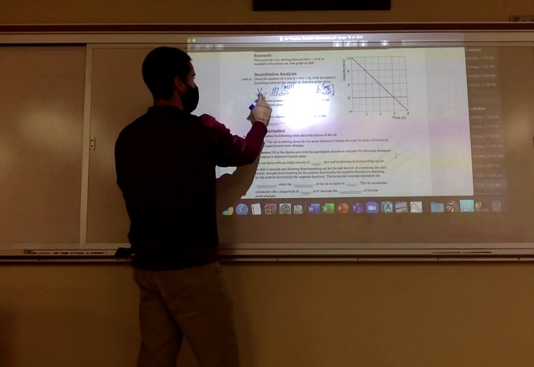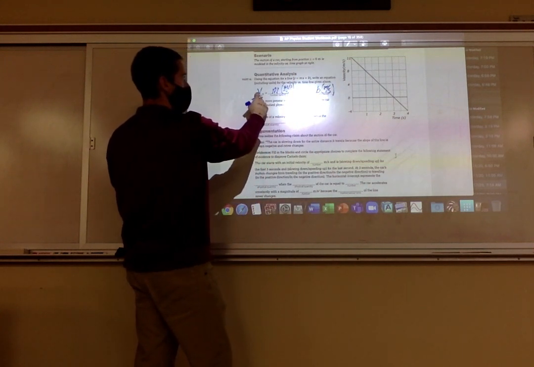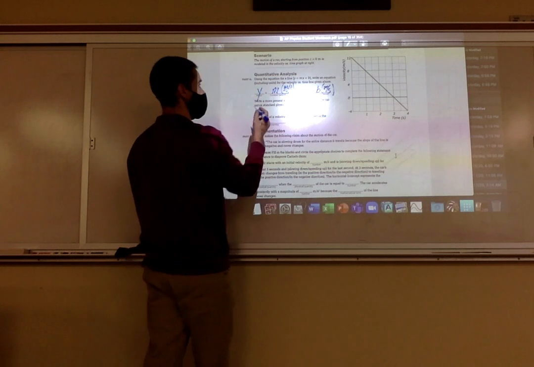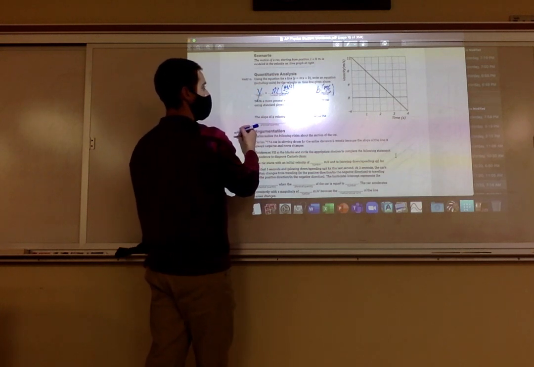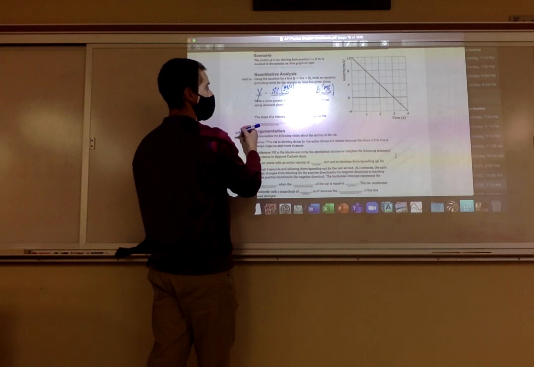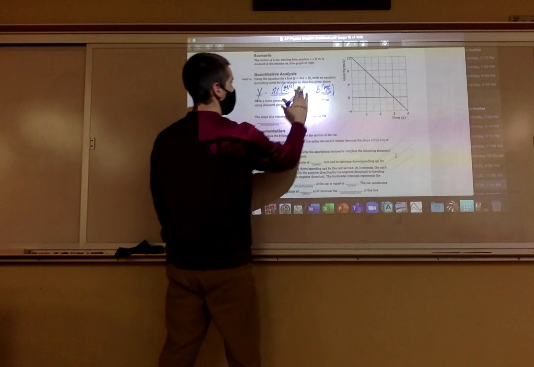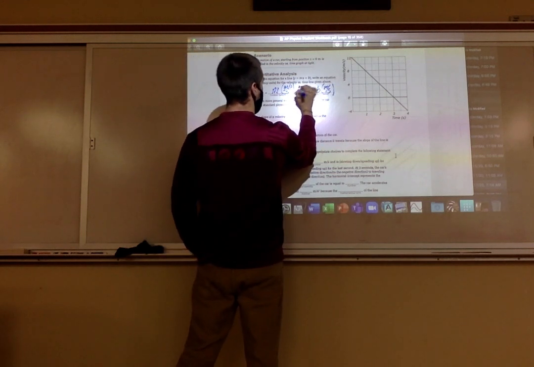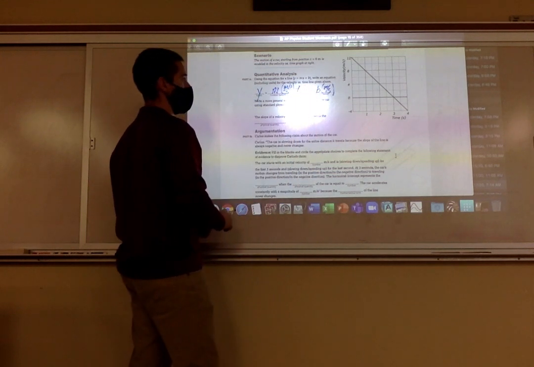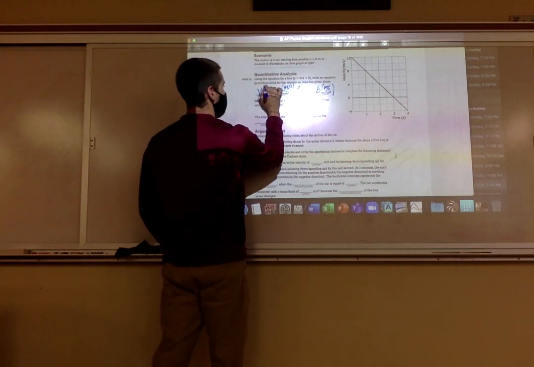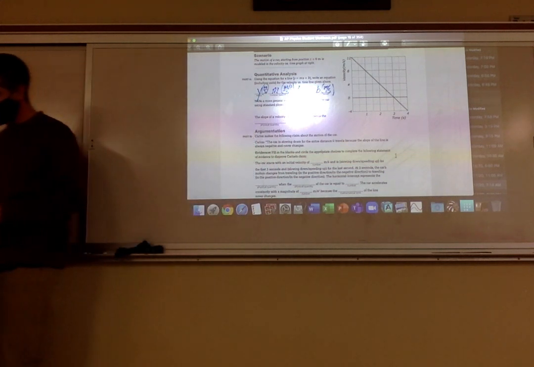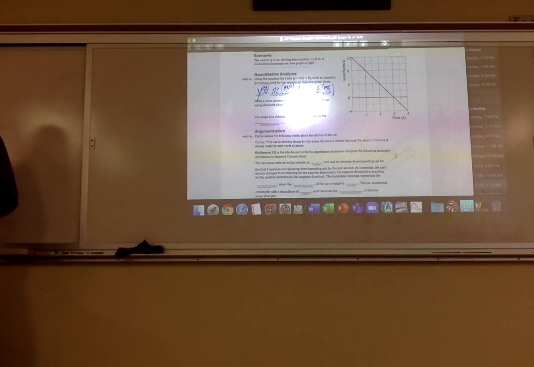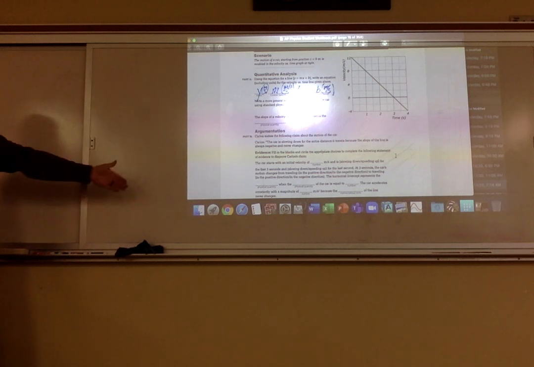What's the units for the y value? Wouldn't that just be meters per second? Yep. Our y-axis is velocity.